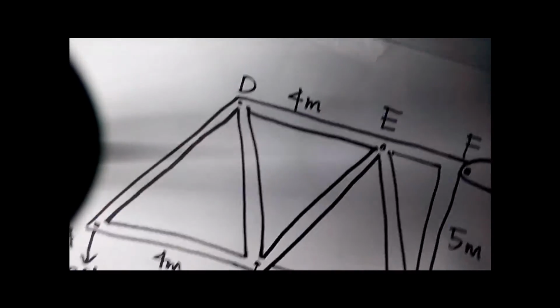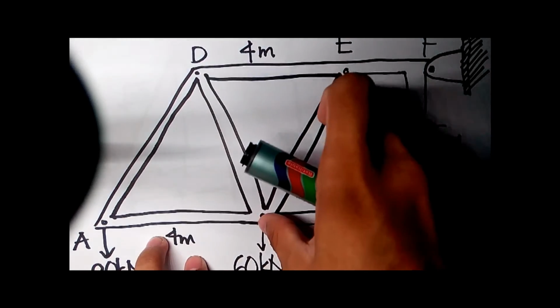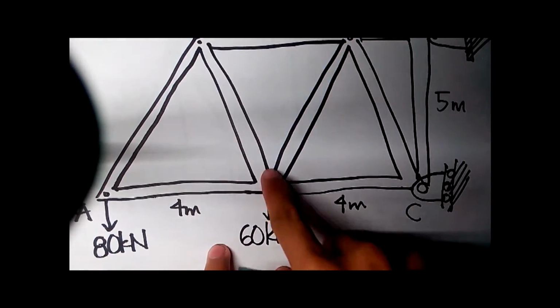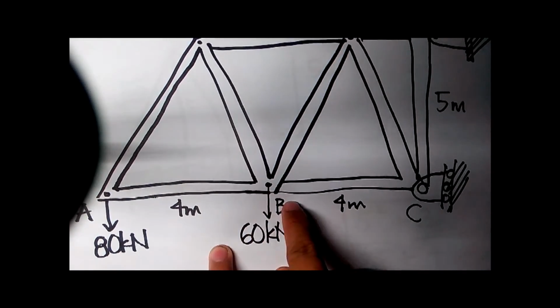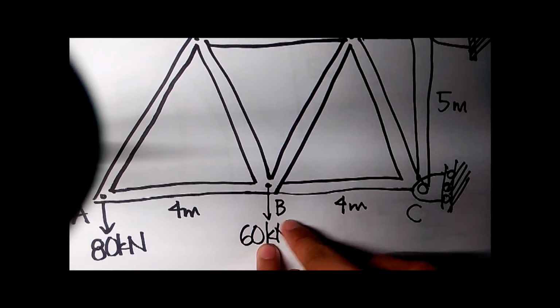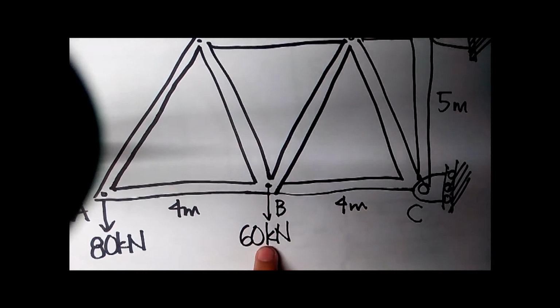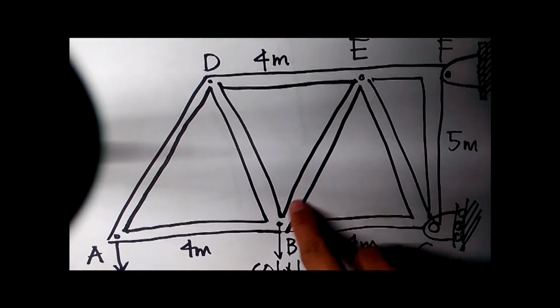Going back to the given, we need to solve for BE. We're given forces here. So to get the value of the force in BE, we must get the summation of forces at Fy.